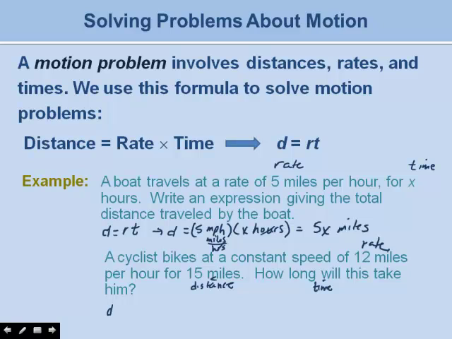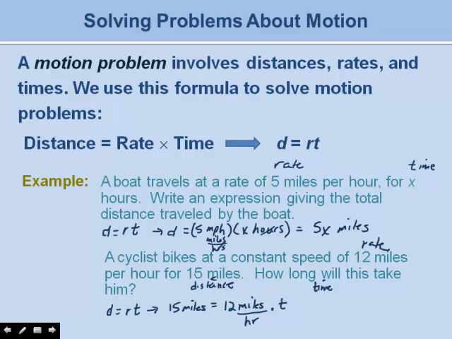So we can still use this formula. It's just that this time we're going to solve for t, since we have both the distance and the rate. So if we put the distance in for d on the left side, our speed or our rate of 12 miles per hour for our rate, and that's times the time.